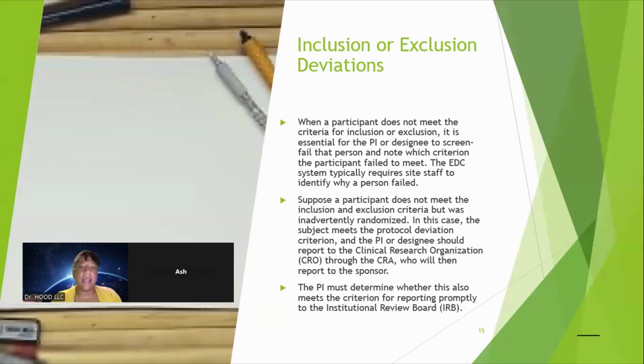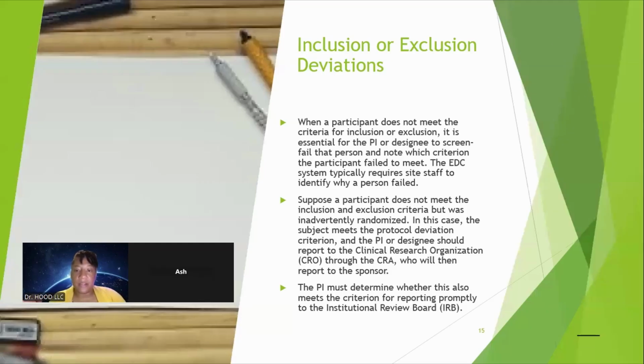They need to decide if they need to reach directly out to that principal investigator, or if the sponsor needs to reach directly out to that principal investigator. Because it might be determined that moving forward, that PI will not be selected for future studies. So that's why this concept is so important.